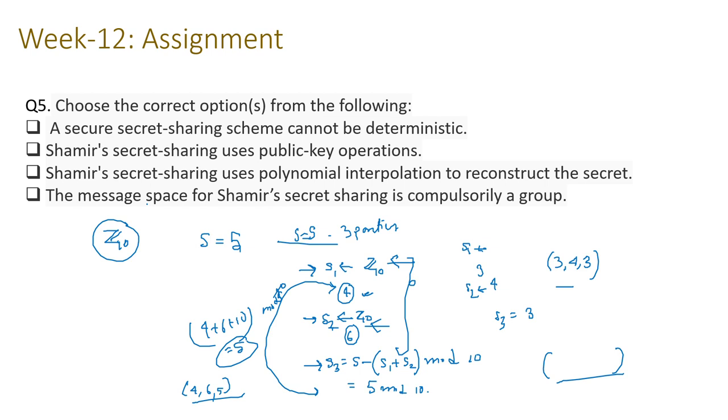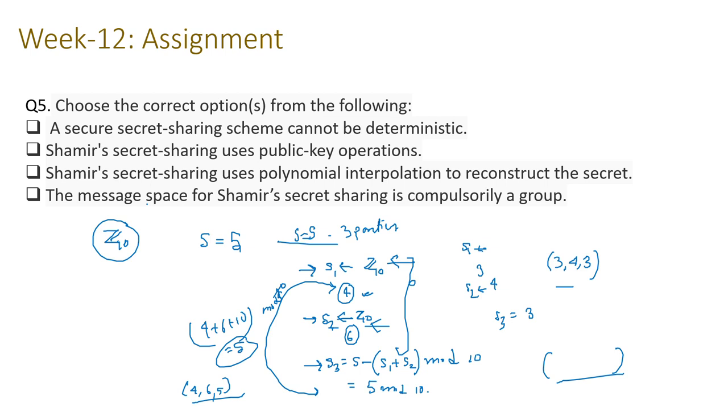You have a secret and you just share it. There is nothing like Diffie-Hellman or some kind of key exchange where public key and secret key things are involved, nothing like that. So the statement that Shamir's secret sharing uses public key operations is wrong.